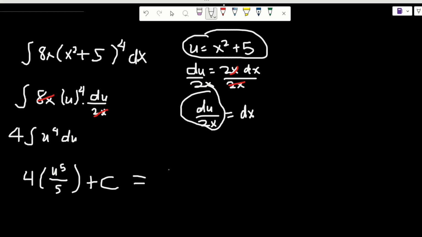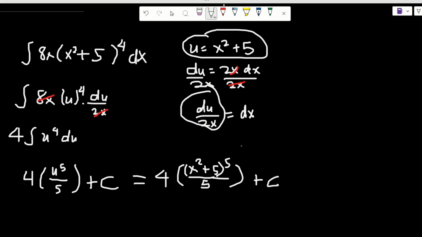Thus, it becomes 4 times (x squared plus 5) to the power of 5, over 5, plus c.